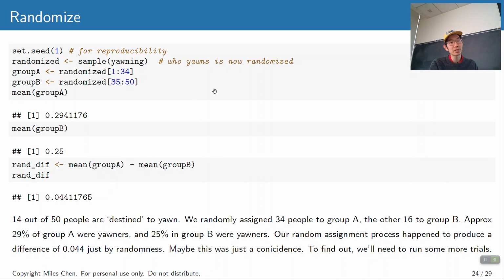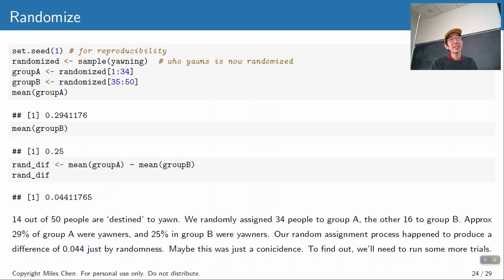I set a seed and I shuffle that vector yawning, and that order of 50 is now completely randomized. Now I'm going to put the first 34 into group A and the remaining 16 into group B. So who ends up in group A is completely random, who ends up in group B is completely random, and there's no rhyme or reason why one person is more or less likely to end up in group A.